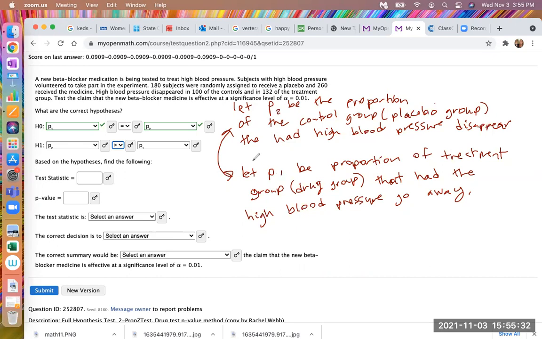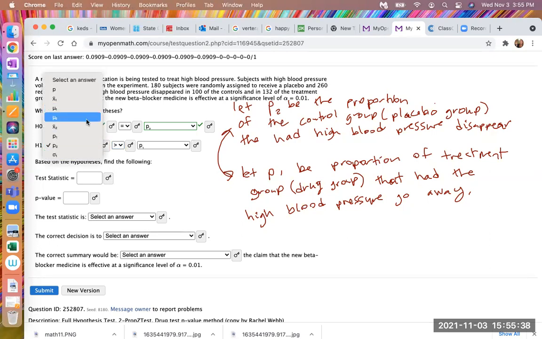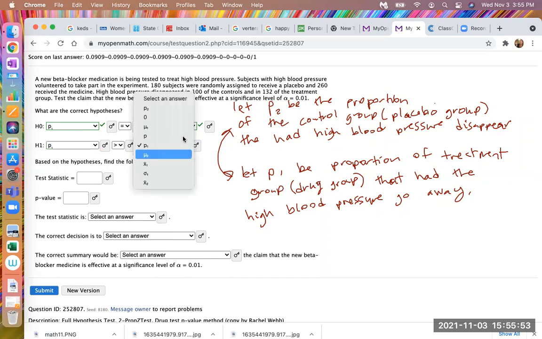But let's just say for a second here that I think we want to keep P1 over on this side no matter what. I think they want P1 on that side because that's the usual, typical. You put 1 on this side and 2 on the other side. However, what if I called 1 the treatment group and 2 population 2? What if I said let that be the control group?